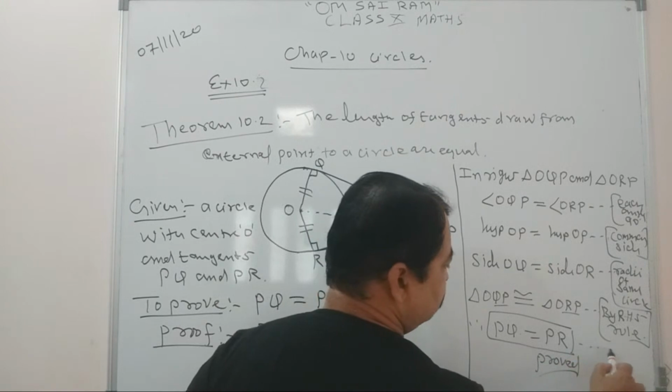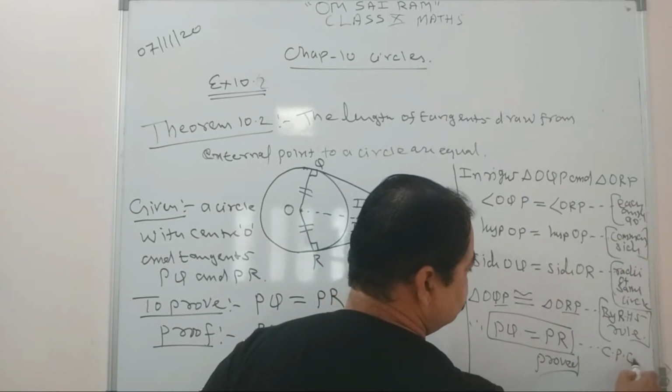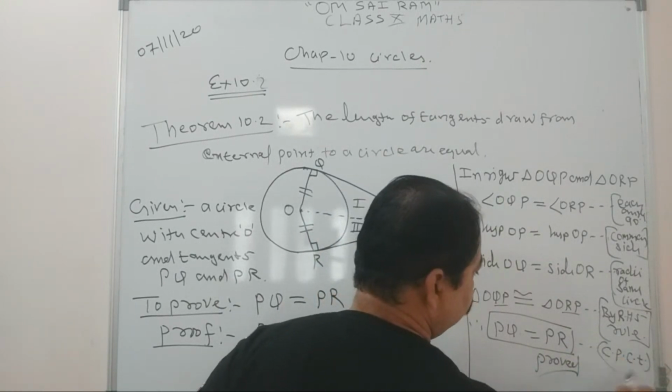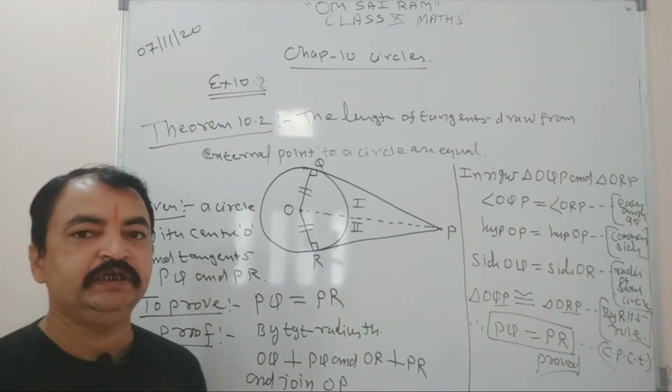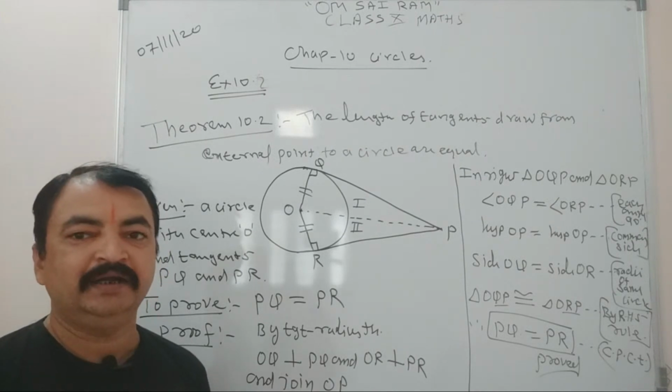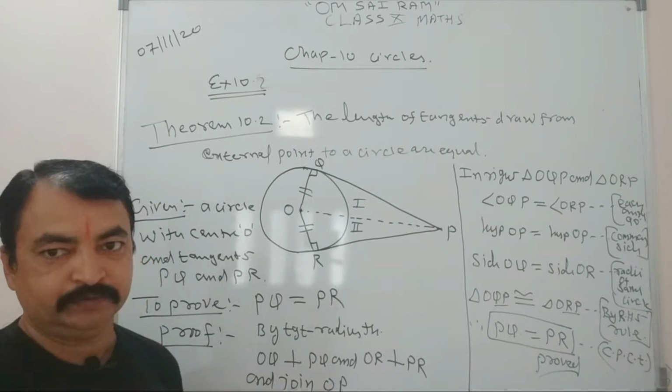And you will put the reason here: CPCT. Don't forget to put the reason. The full form of CPCT is corresponding parts of congruent triangles, children.